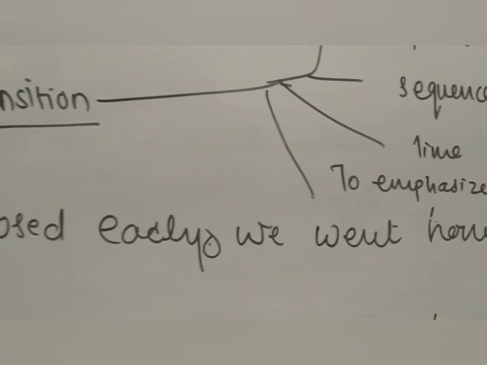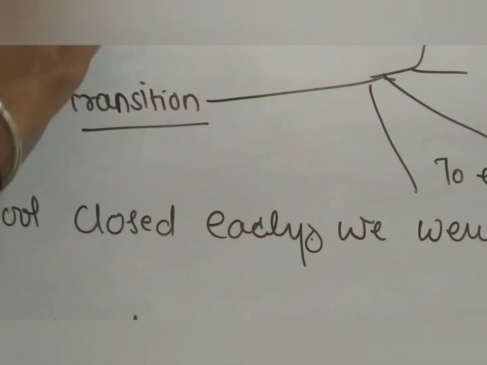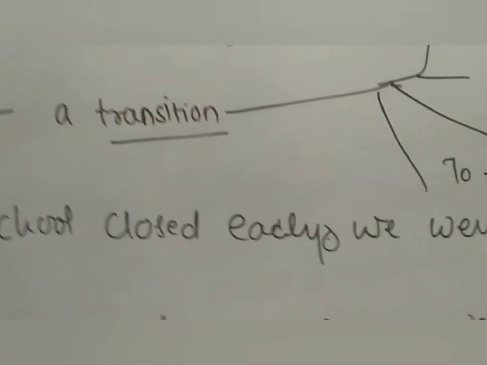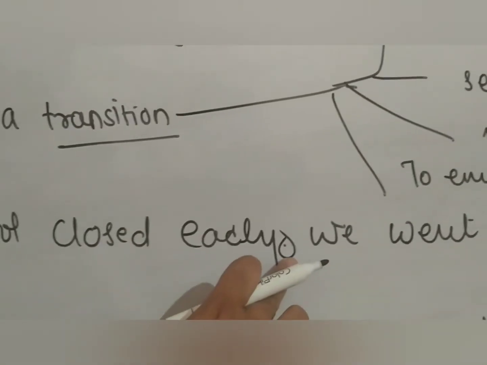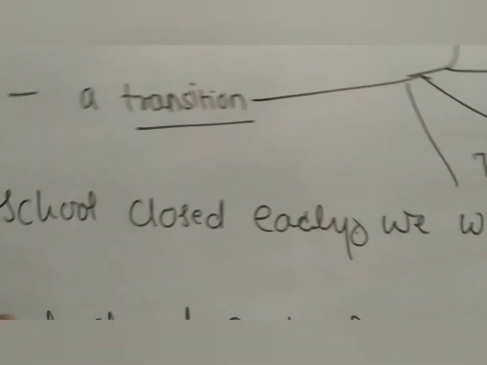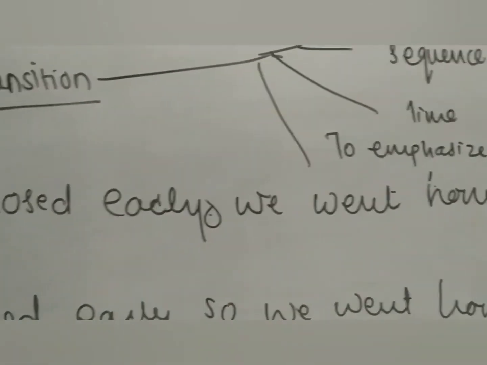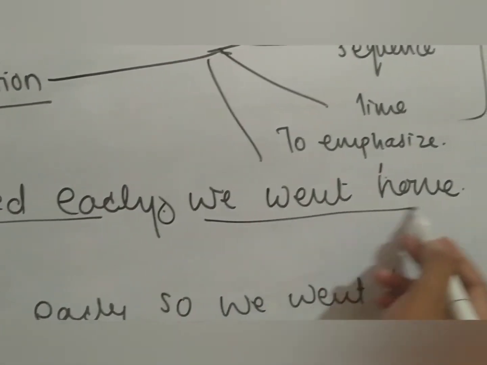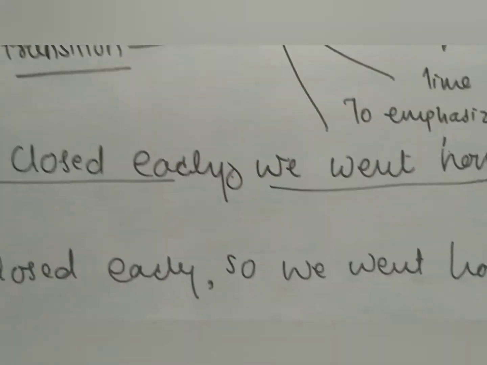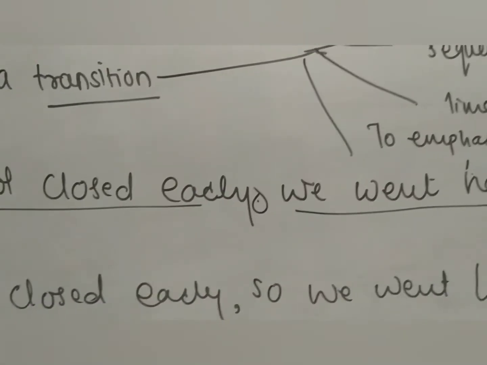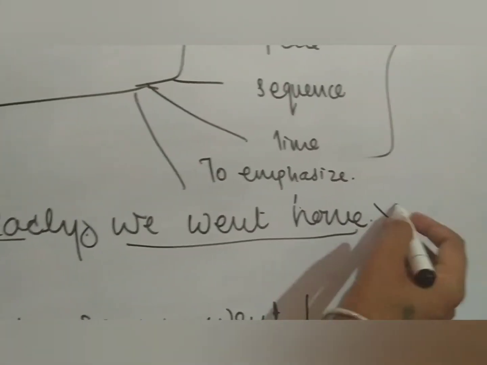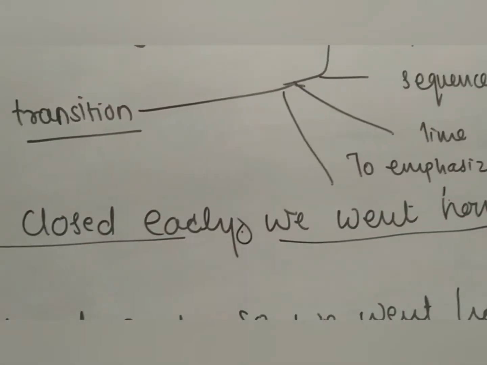Here, in a compound sentence we would use a semicolon or a comma, but here a full stop is given. The school closed, full stop. Suppose this is one clause; full stop, we went home. This is a second clause, but here no coordinating conjunction is used. That's why this is not a compound sentence. It is not a proper sentence.